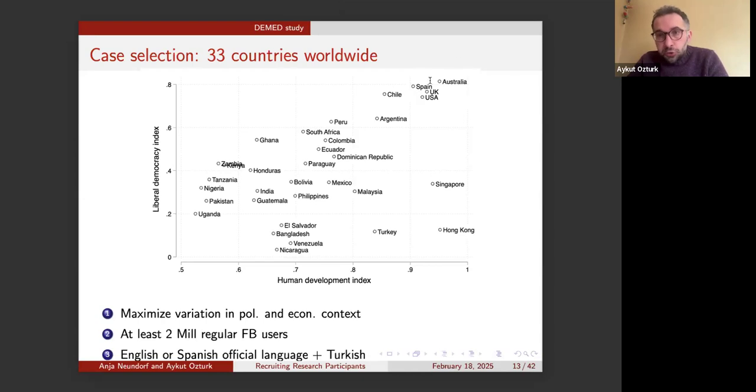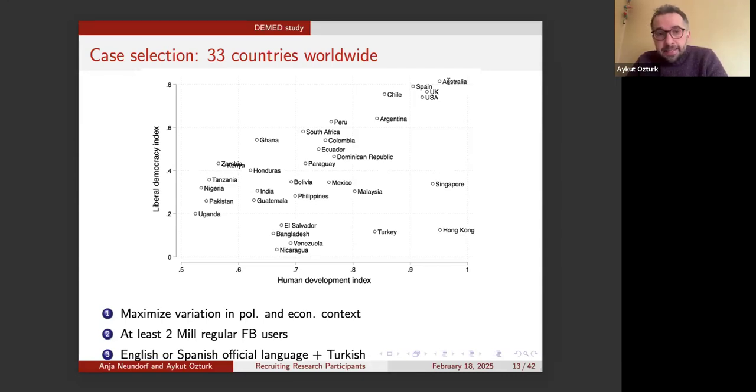In the upper quadrant, you see that we ran surveys in Australia, UK, USA, countries with higher democracy scores plus higher human development scores. On the other hand, we also ran surveys in countries with very low democracy scores, like Venezuela, Nicaragua, and very low human development index scores like Uganda, Pakistan. So our study in that sense captures to a great extent the diversity around the world right now.